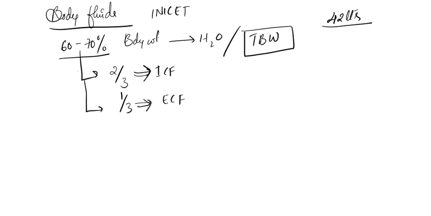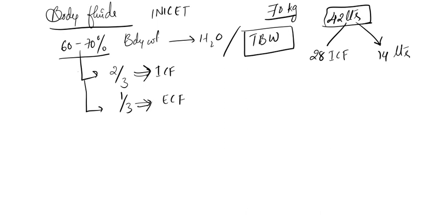If you ask me, for a normal 70 kg adult, I am speaking of a 70 kg adult, there will be roughly 42 liters of water in the body, okay? In that, 28 liters will be ICF and 14 liters in ECF.